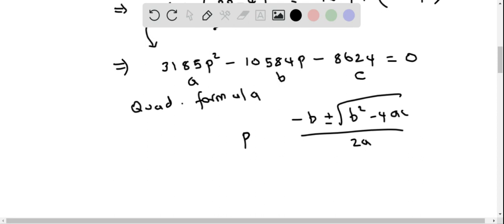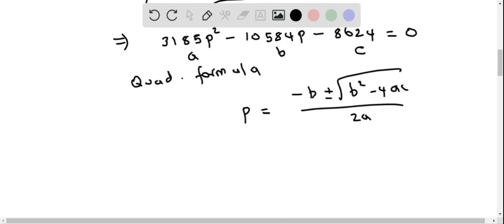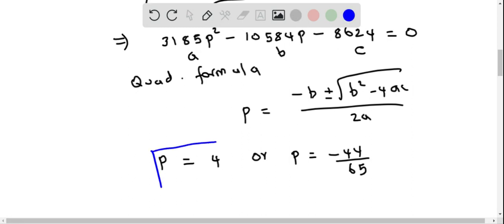And so when we plug in all these a, b, and c into this quadratic formula and finally solve for p, we get two values for p, that is p equals 4 or p equals negative 44 by 65. And so these are the two values of p given the two vectors and the angle between the two vectors.